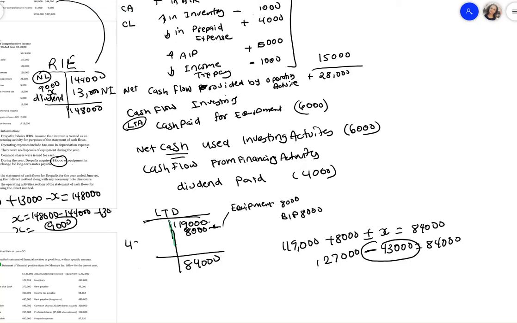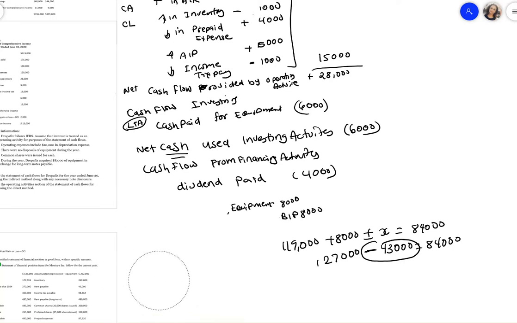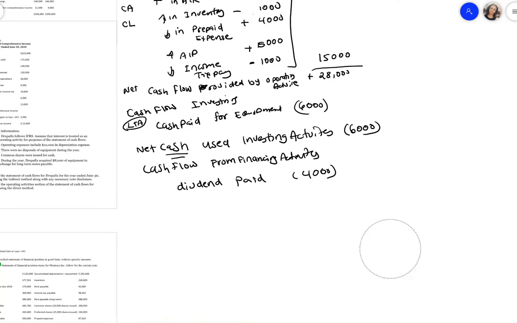If it's a minus, that is 43,000. You repaid the loan, not issued a loan. If you repaid it, the money is going out, so it will be a repayment of long-term debt of 43,000.